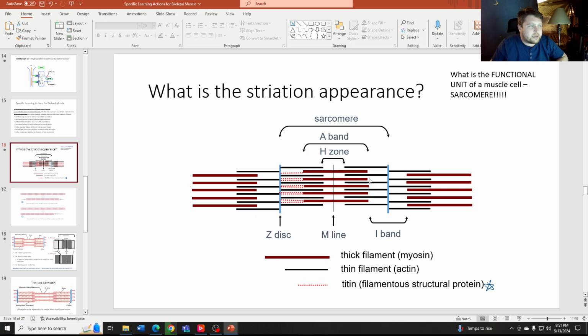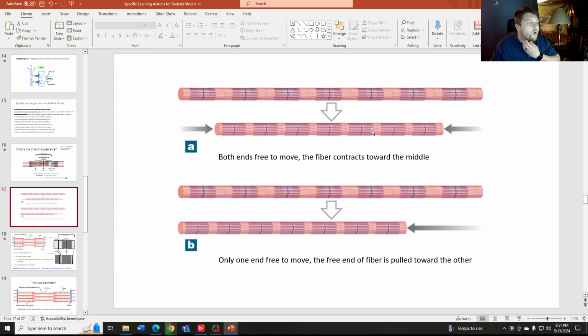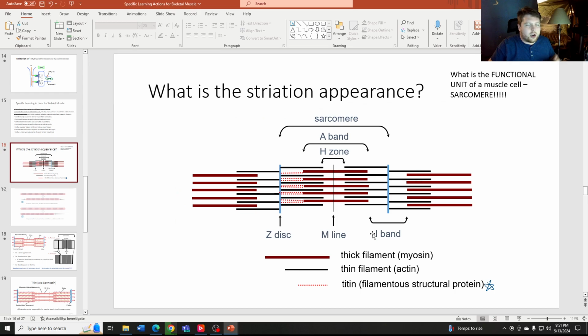It's kind of weird to think about it just in this one little context. You have to look at the whole thing, how the whole entire muscle shortens. The whole fiber, myocyte, shortens. So actually the myosins are coming closer together, and this I band space is also disappearing.